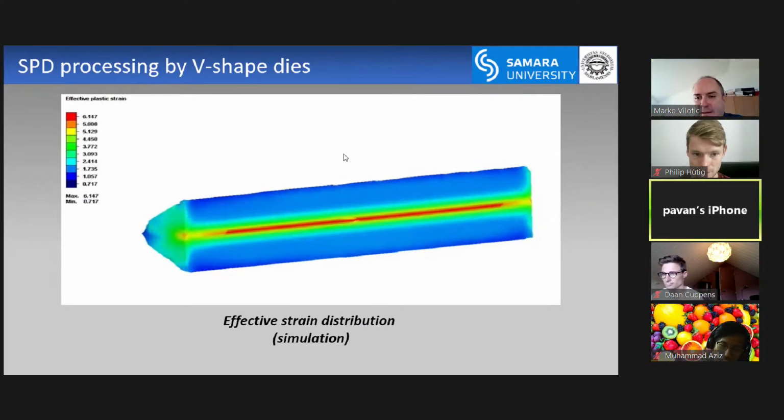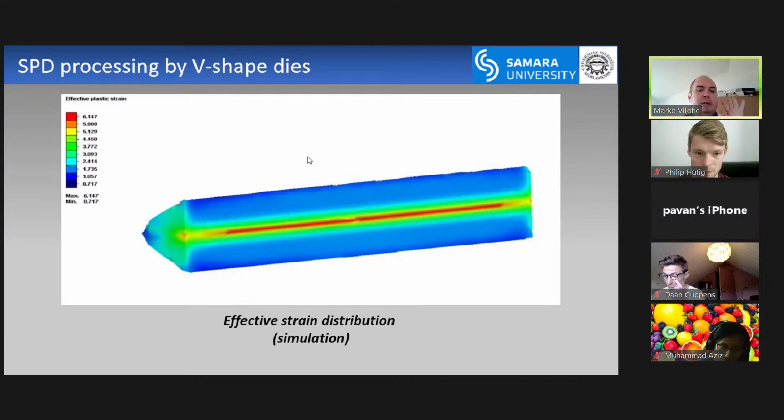Regarding simulations, generally the effective strain distribution for materials will be less than 1, right? But wait, no, this is after 18 times. Okay, I'm sorry, I forgot to write it. 18 upsetting stages.